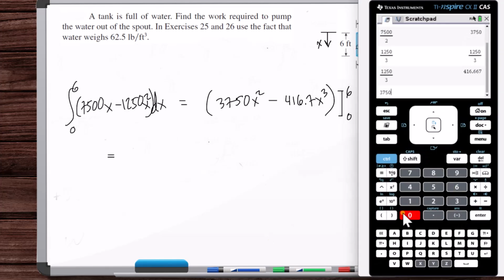So 3750 times 36 minus 416.7 times 6 cubed.